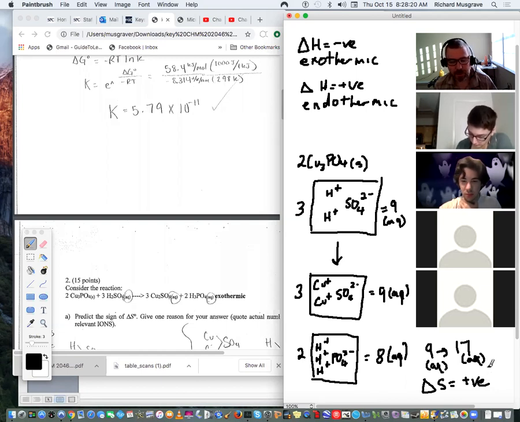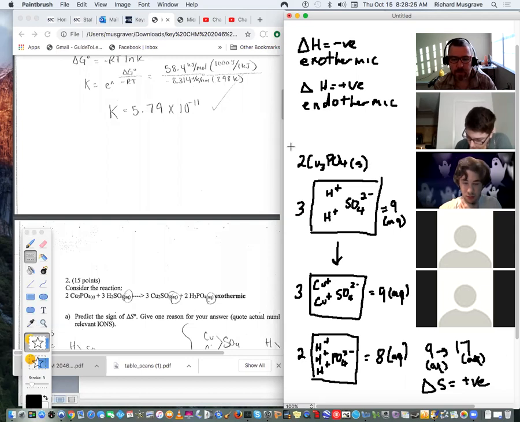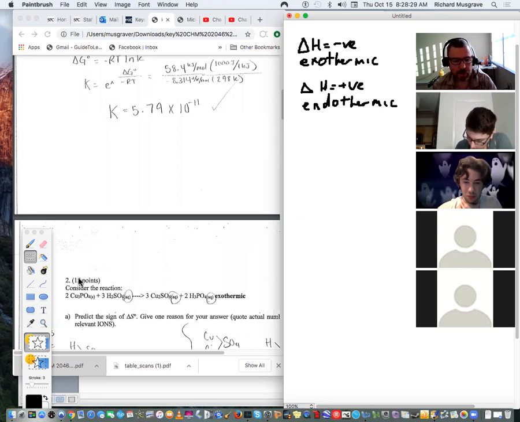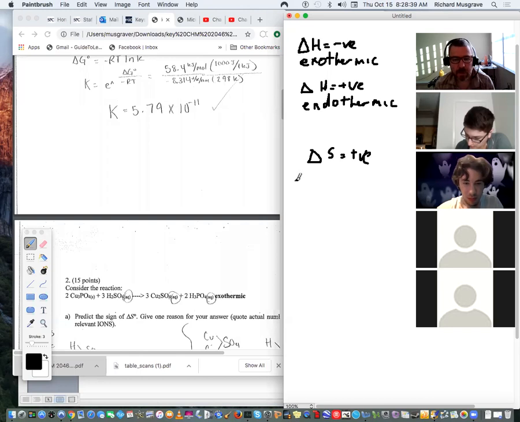Now, once we've determined that delta S is a positive value, then we can apply what we're seeing in the rest of the problem. So delta S is positive, delta H is negative.